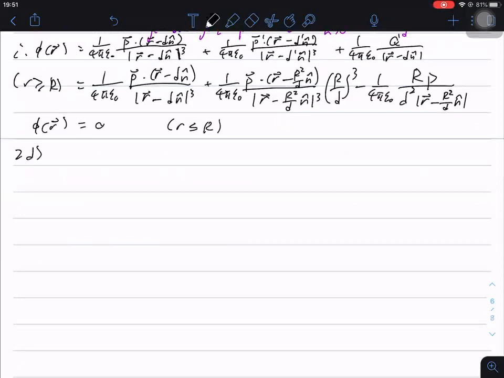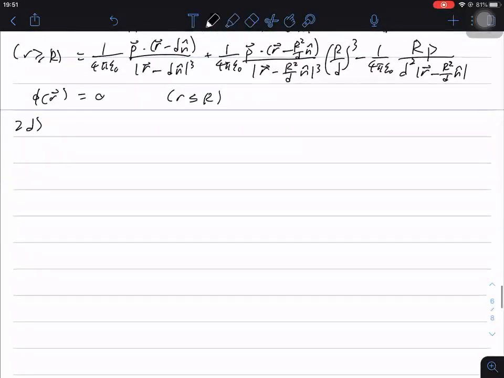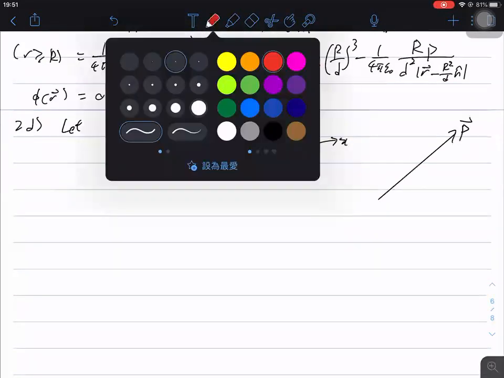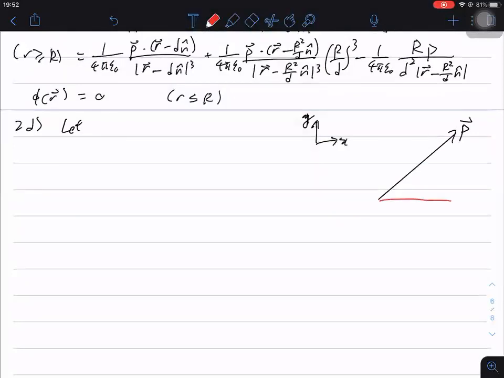Okay, finally, for the last question, 2D. This time we are considering an arbitrary dipole moment, so a dipole moment in any direction. We can decompose this dipole moment into two components.